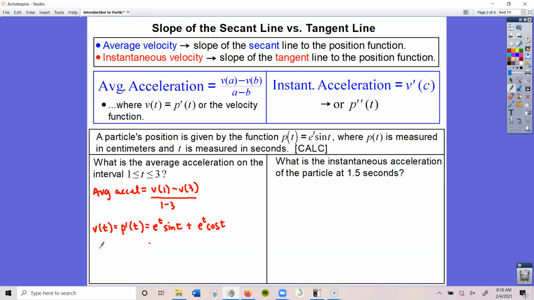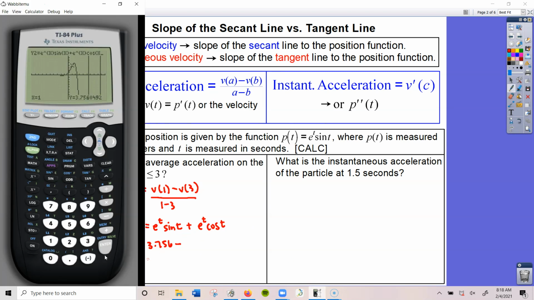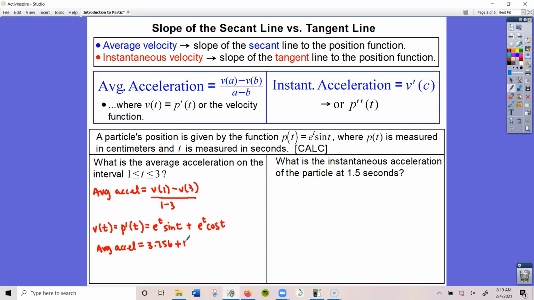Average acceleration is going to equal 3.756 minus, now let's do v of 3, which is negative 17.0500. So we're going to add 17.0500 and divide by negative 2.